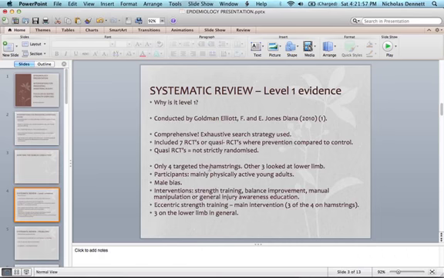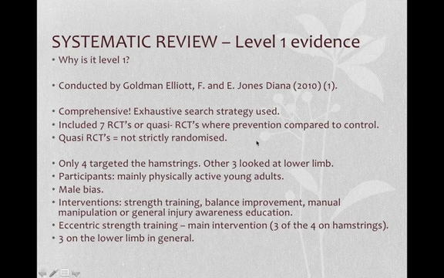Now, the systematic review was conducted by Goldman and colleagues, and it was quite comprehensive. Basically, they used an exhaustive search strategy, combed through a lot of different databases, and ended up with 7 randomly controlled trials, or quasi-randomly controlled trials, where a prevention intervention was compared to a control.